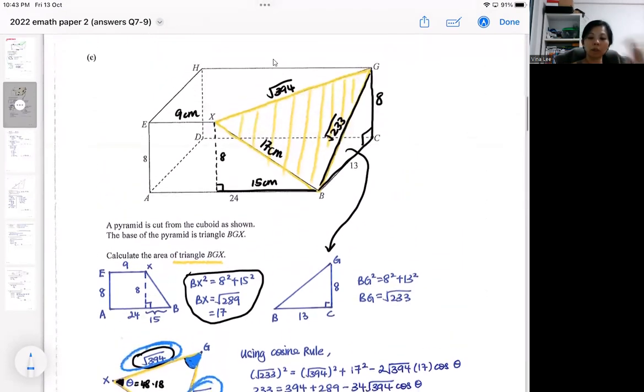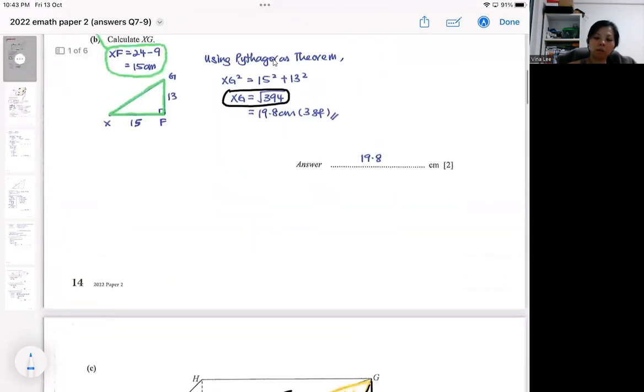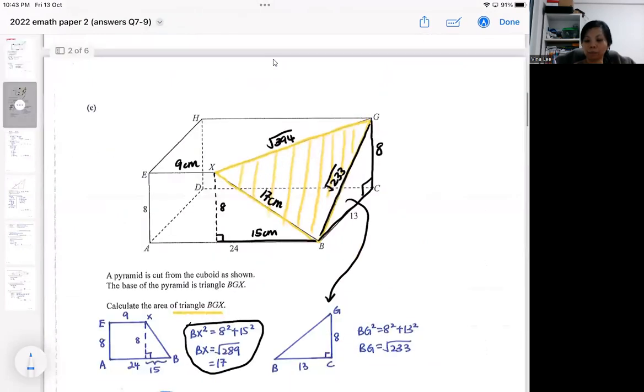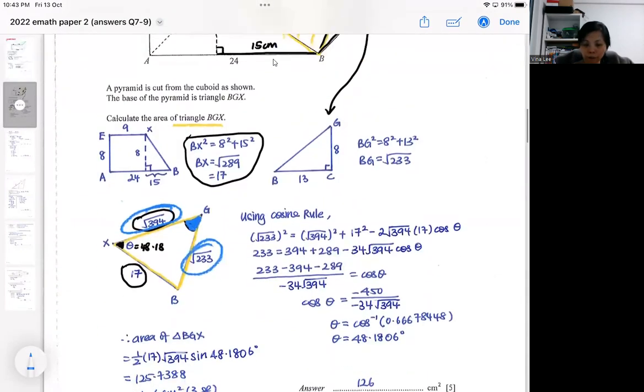So you just need to visualize it as a triangle. Then I'm going to plan out in such a way that let me get all the lengths first. It's very easy to get all the lengths if you can see all the 90 degrees. And you are already helped by the previous part from the length of XG. So it's actually not very difficult.